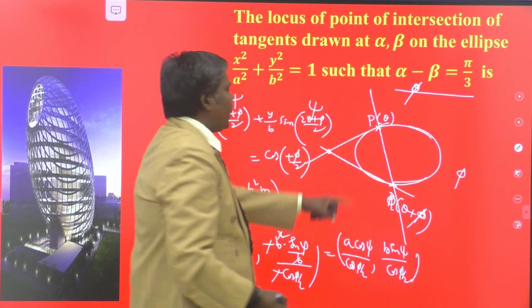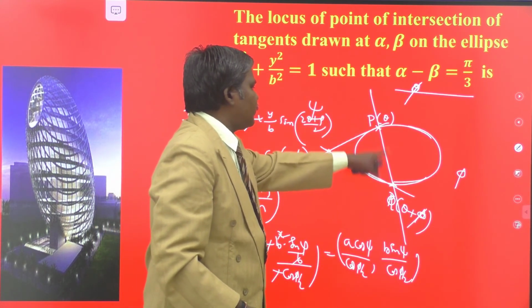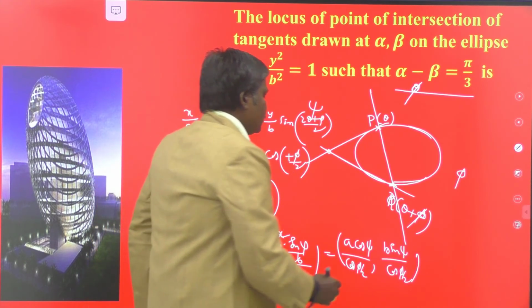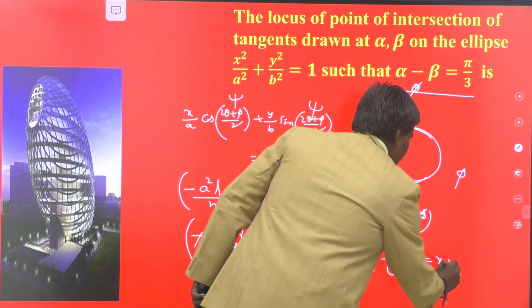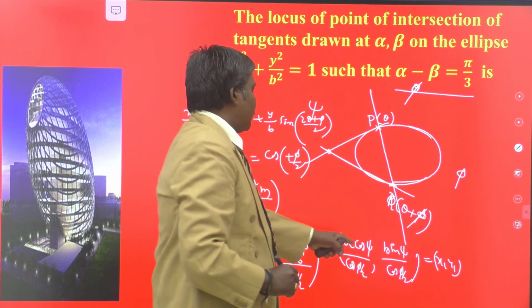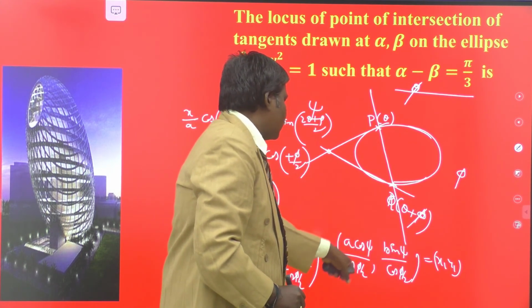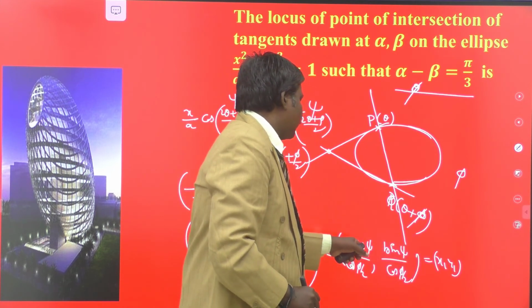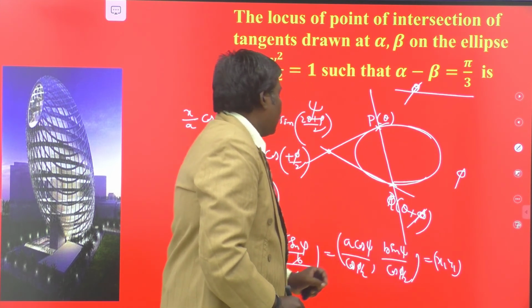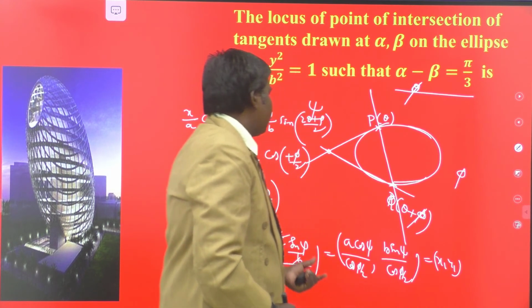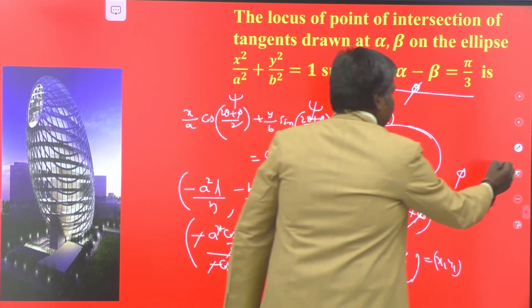What is phi? The difference between the two eccentric angles. Suppose the point is x1 comma y1; we have to eliminate the parameter xi. So x by a is equal to something, y by b equal to something. From these two, we have to eliminate xi by taking cos xi and sin xi.